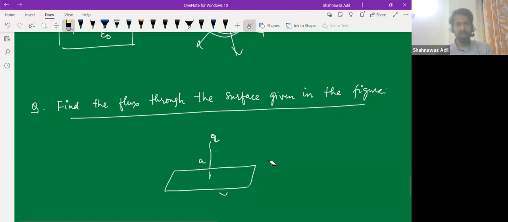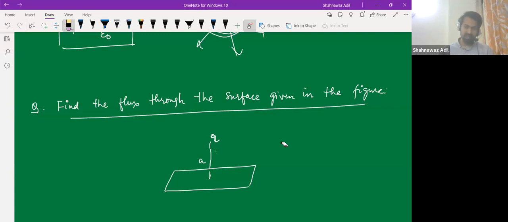Yes, sir. Okay, and what do we know? We know the Gauss law. What does it say? It says that in a closed surface, the flux is simply 1 by epsilon naught times the charge, right?